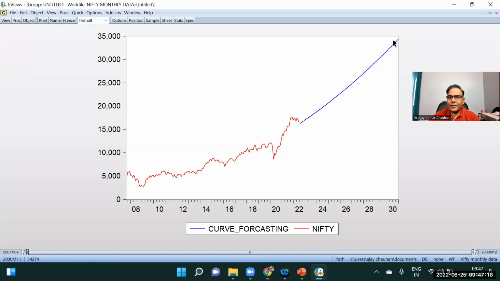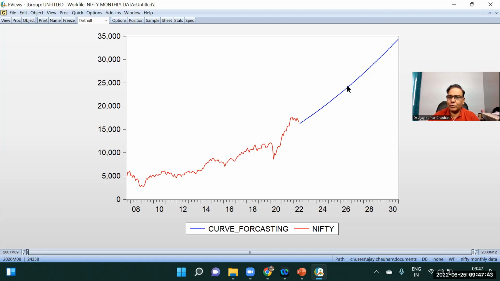Approximately it will touch 35,000 in 2030. And this is more accurate as compared to simple trend forecasting, because the R square of curvilinear forecasting is 92% as compared to 85% in the case of trend forecasting. So this is our simple forecasting and curvilinear forecasting.